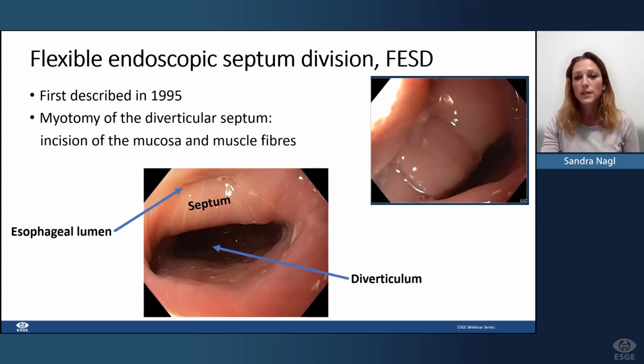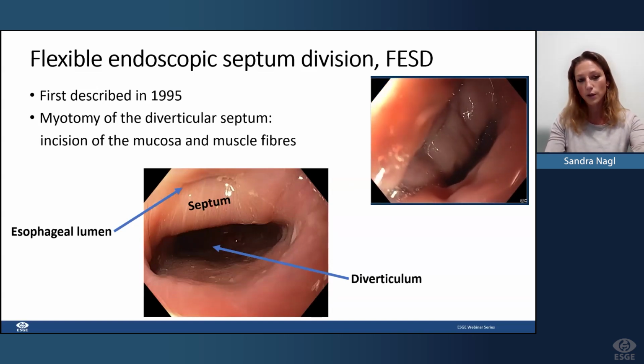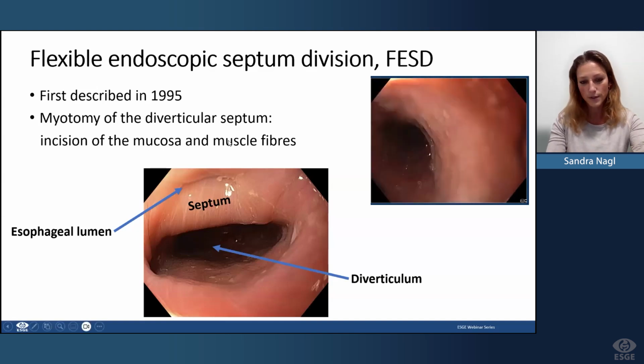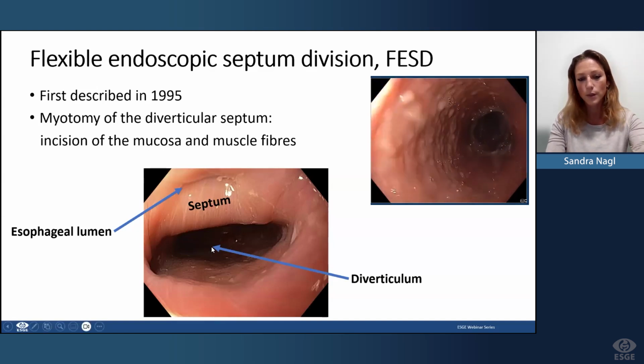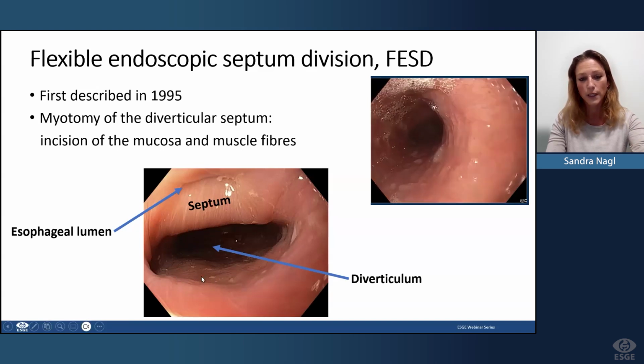Flexible endoscopic septum division was first described in 1995 and essentially involves the myotomy of the diverticular septum, meaning that we perform an incision of the mucosa and also the muscle fibers. In this example, we see a quite large diverticulum entry.